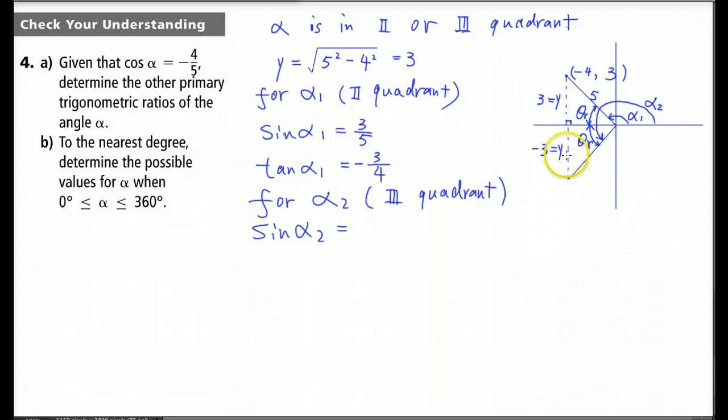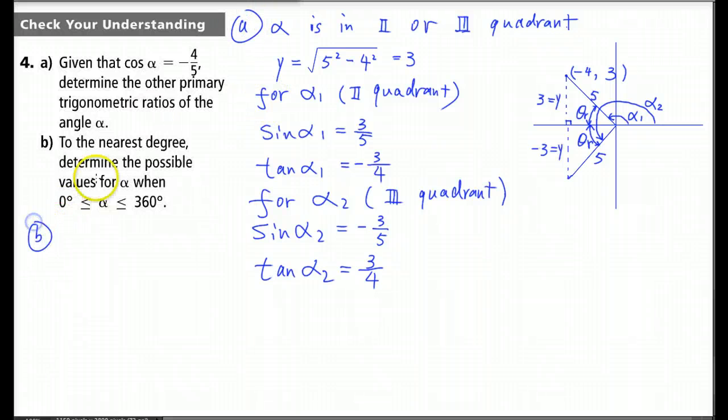It's opposite over hypotenuse 5, so it should be negative 3/5, different from sine alpha 1. And then the tangent alpha 2 is going to be negative 3 over negative 4, and both negative, it becomes positive 3/4. Okay, and that's part A.